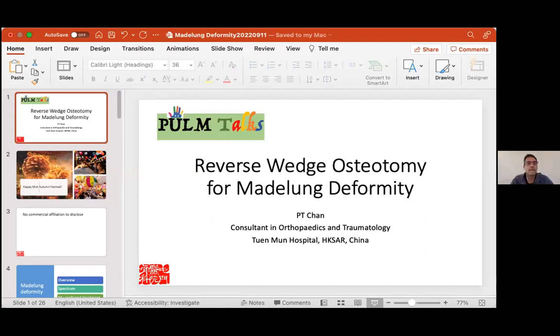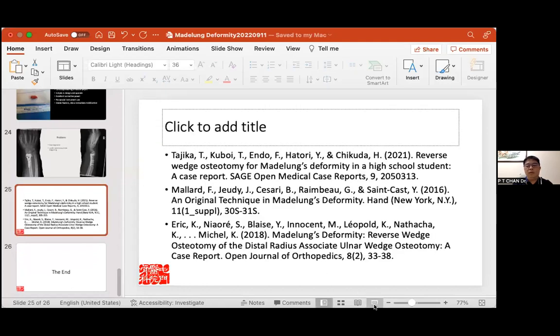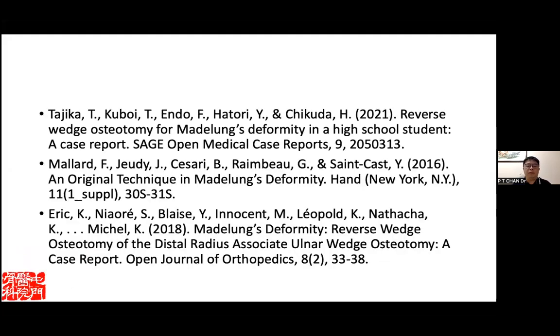I think in most situations I do not need to perform the ulnar shortening at the first stage. So I will not do both the radial corrective osteotomy and also the ulnar shortening in one operation. Only if the patient later develops an ulnar side problem, I will then perform a second operation for the ulnar shortening. So I will not aim at one operation to correct the radius and also shorten the ulna.